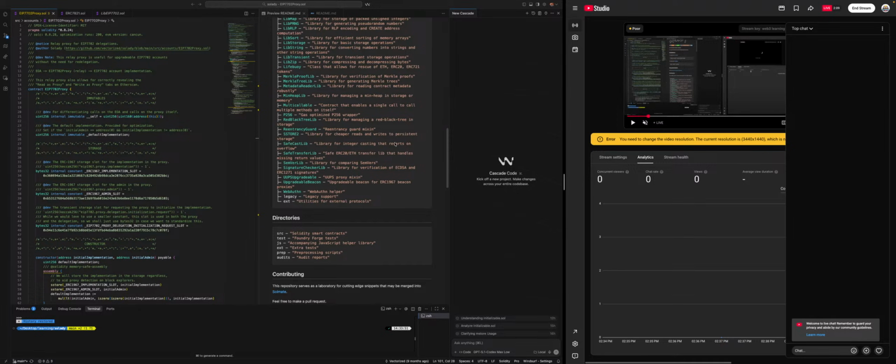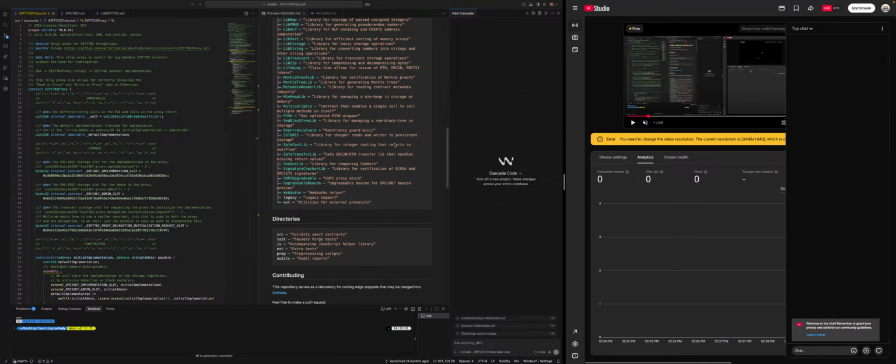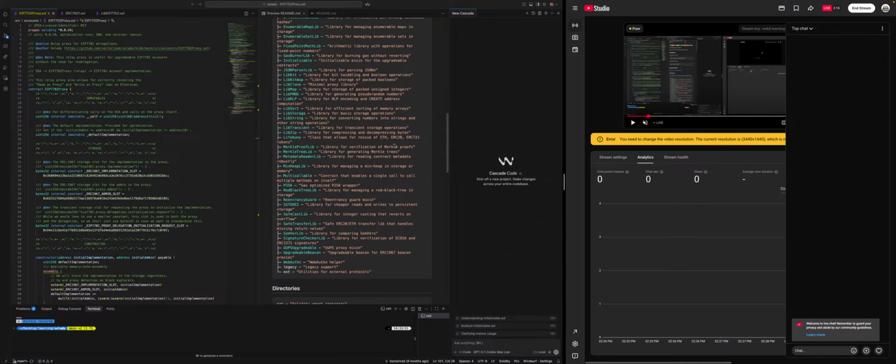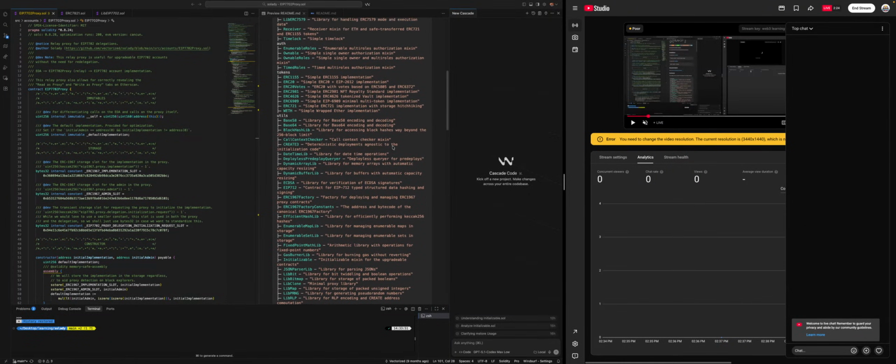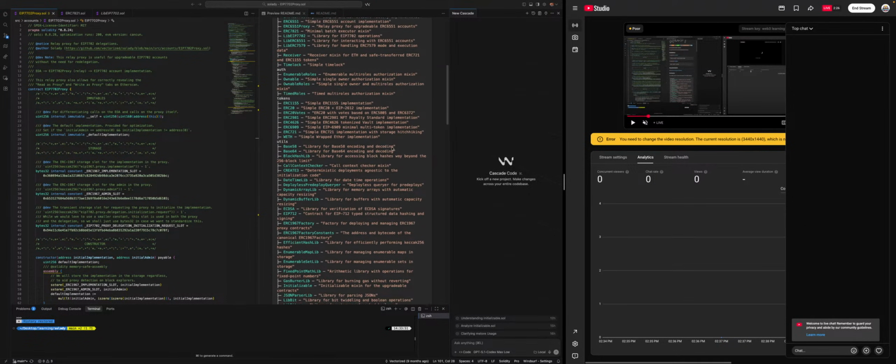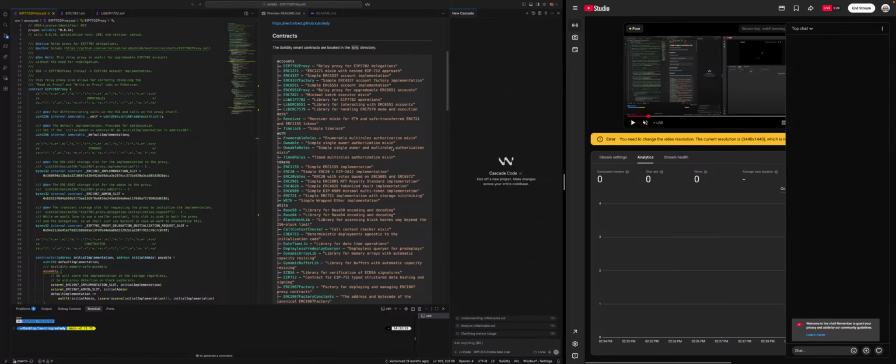I don't think we are going to go through all of them, but we'll do our best, looking at what seems to be interesting for us. So let's start with the 7702 proxy.